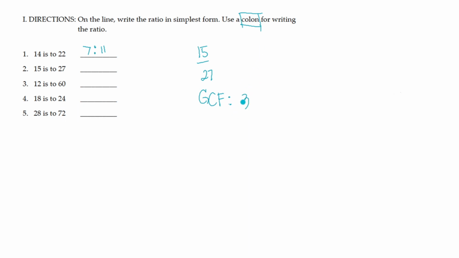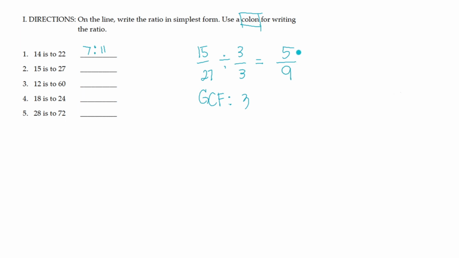So, kung may mas malaki pa sa 3 or kung kaya pa siyang i-simplify, isi-simplify natin siya. So, here we have to divide the numerator and denominator by 3. 15 divided by 3 is 5. 27 divided by 3 is 9.